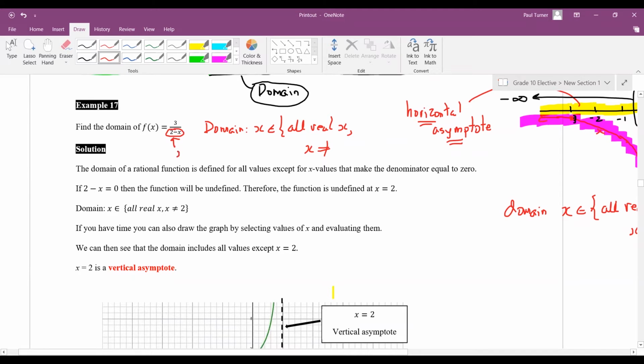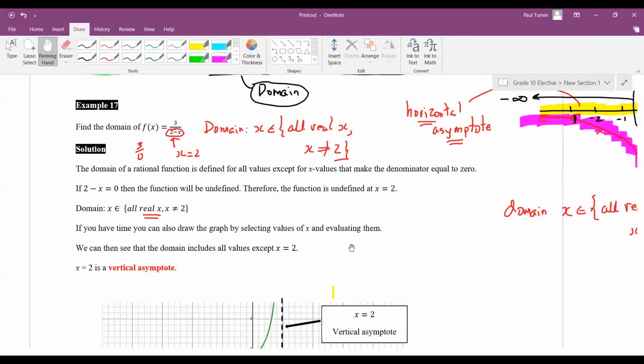In this case, if x equals 2, this denominator will be 0, won't it? 2 minus 2 is 0. So you'll end up with 3 on 0 if I put 2 in here. So that means your domain is all real x except when x is 2. That's what's written down here.